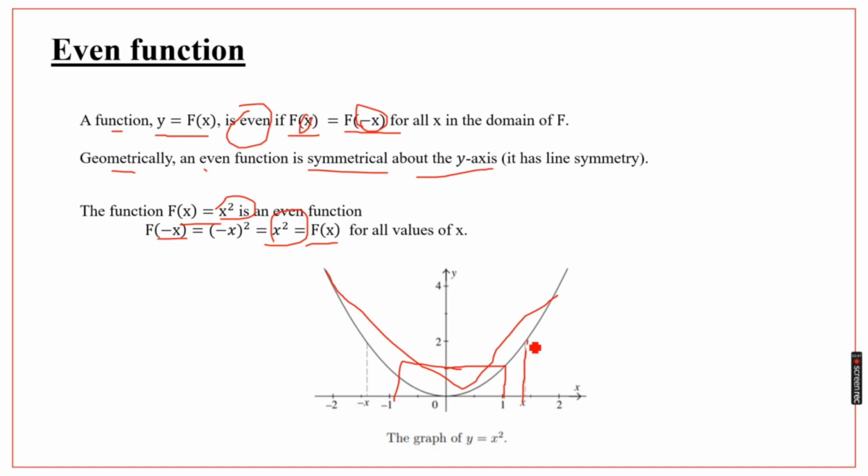For x and for negative x, we get the same values in the range, which means for 2 we will get 4, and for -2 we will get the same value 4.